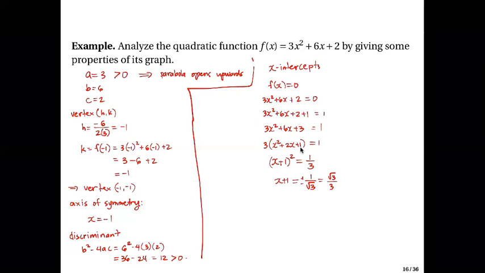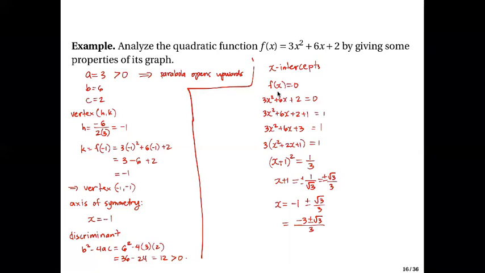Okay? And therefore, your x will be negative 1, sorry, this is still plus or minus here. So negative 1 plus or minus square root of 3 over 3, or simply, this is negative 3 plus or minus square root of 3 all over 3.